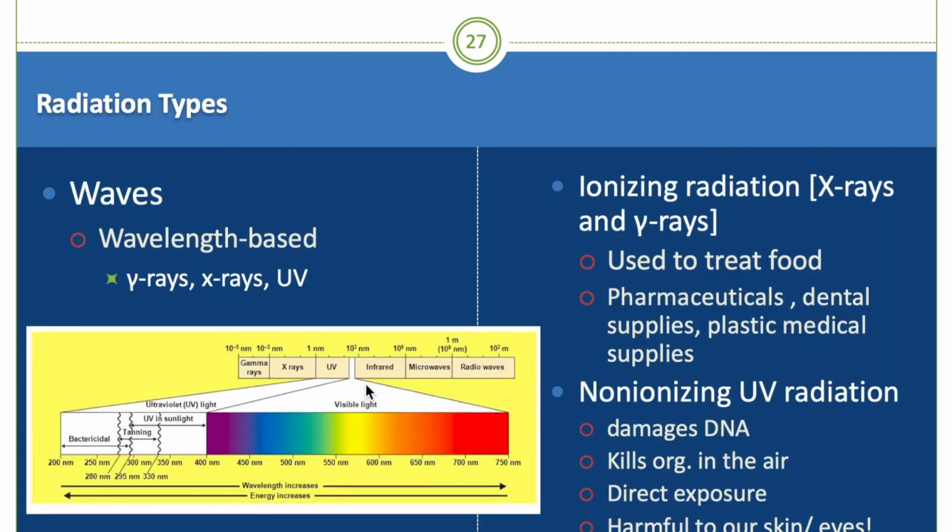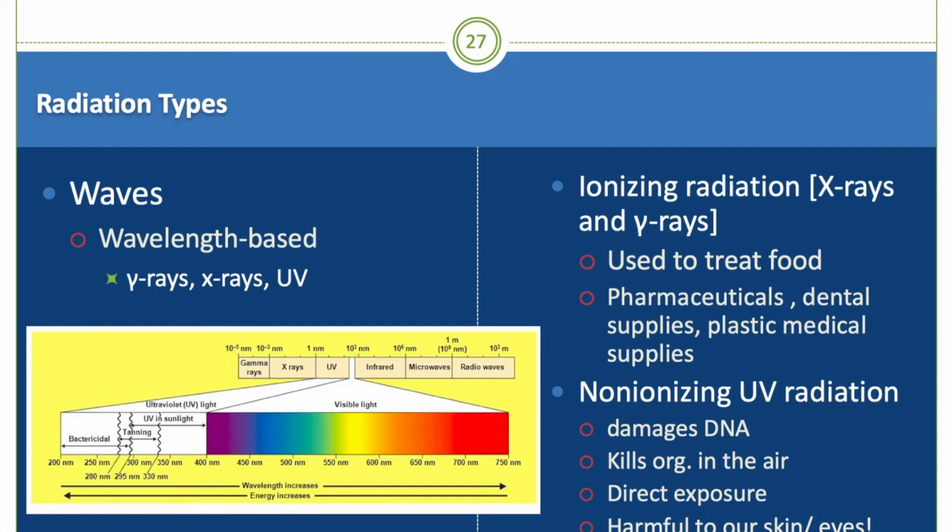There's radiation, where different wavelengths of light are used: gamma rays, X-rays, and UV light. If you use ionizing radiation, which is widely used in the food industry and the pharmaceutical industries, they tend to be very highly efficient.